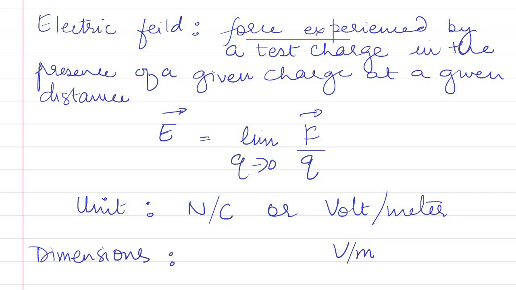These are very important from fill in the blanks point of view. L M T minus 1 A T minus 3 A minus 1... T minus 3 A minus 1.